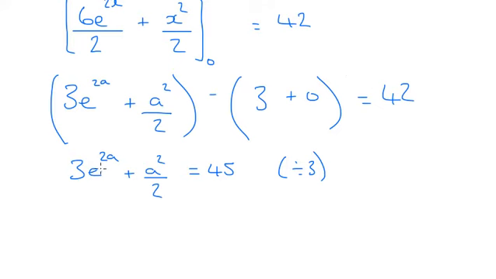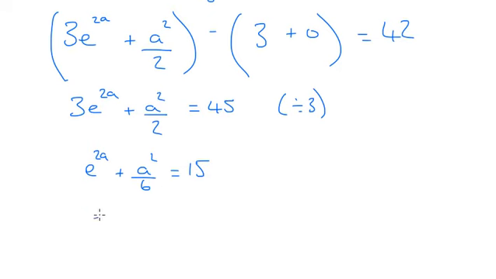So if we divide by 3, that will give us e to the 2a plus a squared over 6 equals 15. If I move this a squared over 6 to the right hand side, we'll get 15 minus a squared over 6.